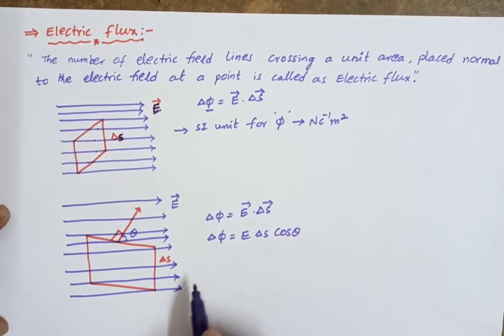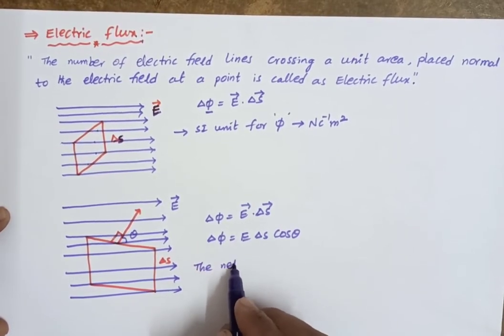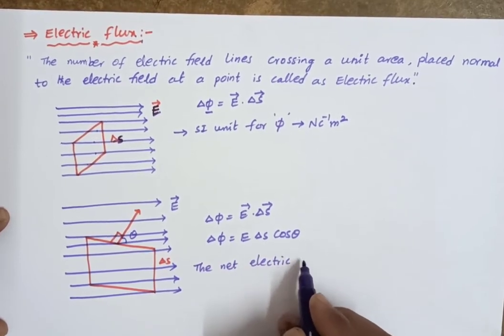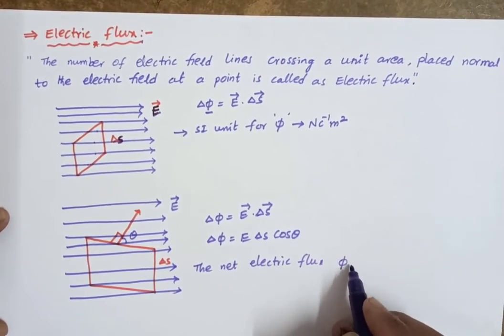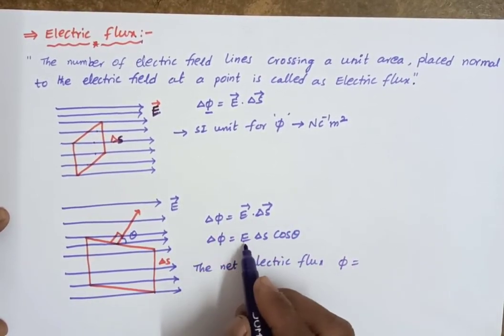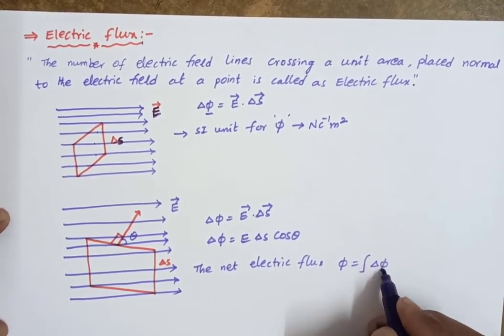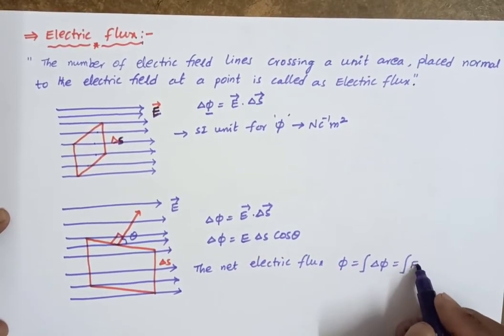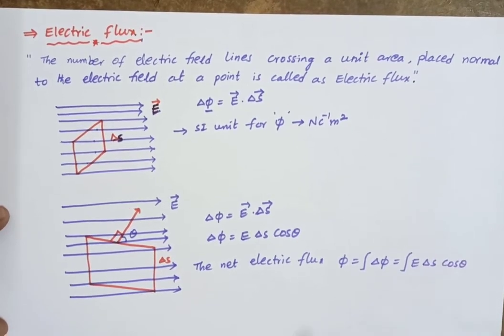Okay, so then the net electric flux phi: we can integrate both sides, that is, the integration of delta phi equals the integration of E delta S cos theta.